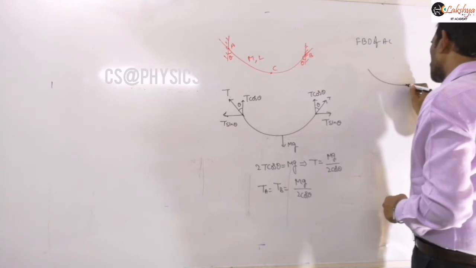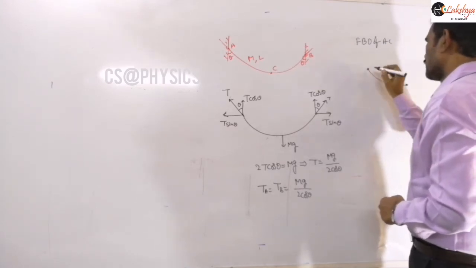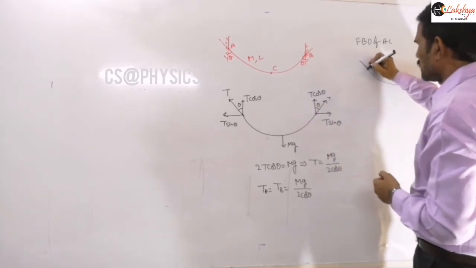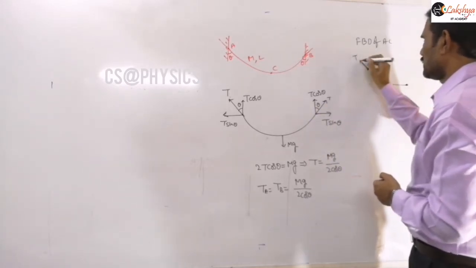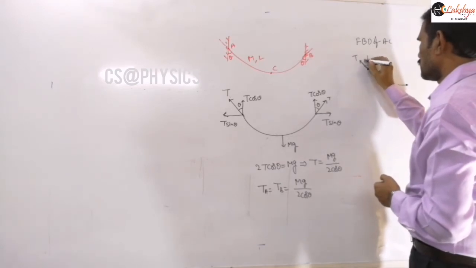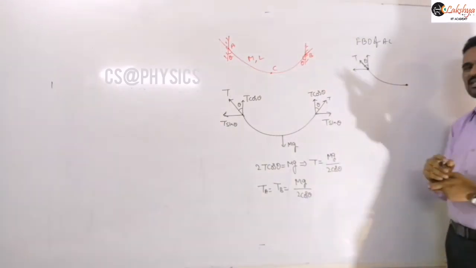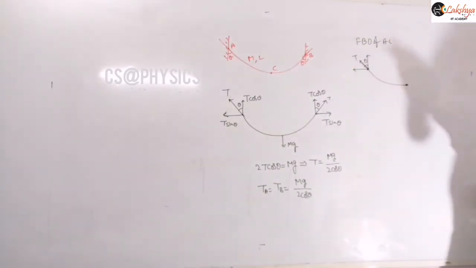This is the point C here and this is the point A. As we mentioned already, the tension at this point will be along this direction, which makes an angle theta with the vertical. And now what about the tension at point C?